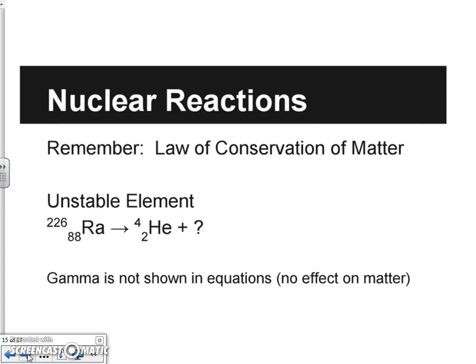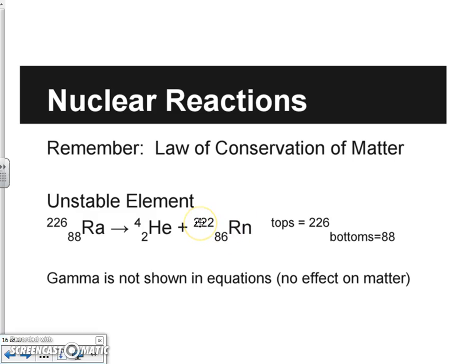Nuclear reactions are very simple. All you have to be able to do is add. You see here the top equals 226. So 226 is equal to 4 plus, well, what number would be up top? 222. On the bottom, 88. If you think of the arrow as an equals sign, 2 plus what number gives 88? That would be 86.